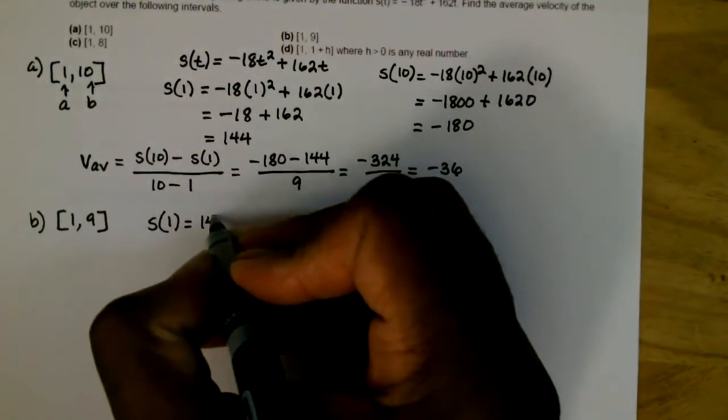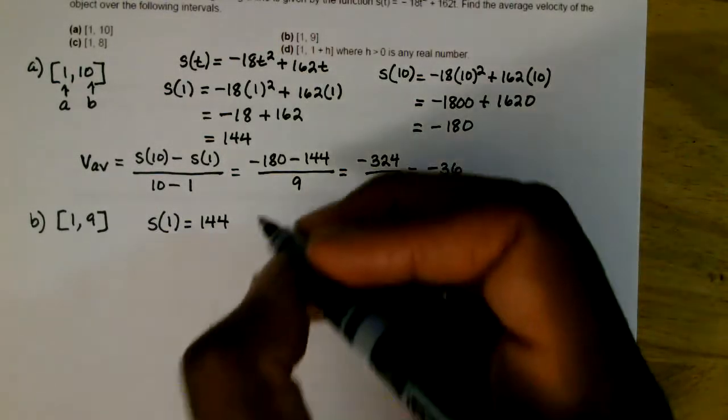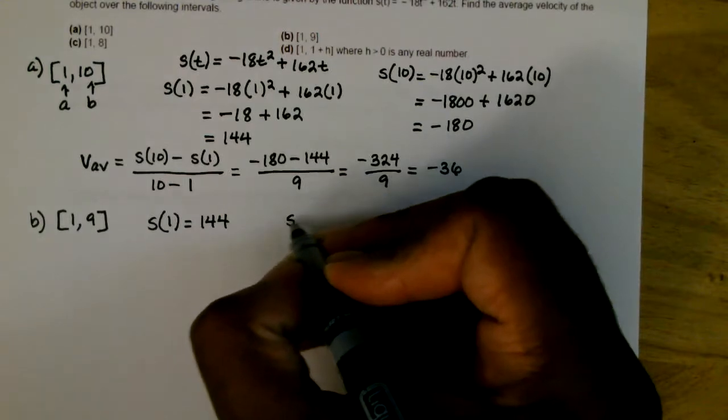So S sub 1 would be 144. Now I need to find out what S sub 9 is going to be using that S of t function.